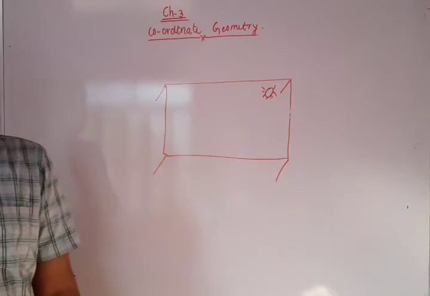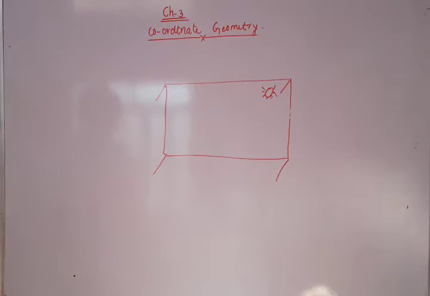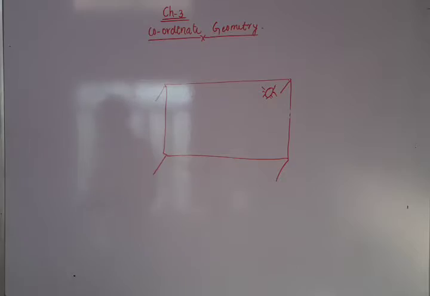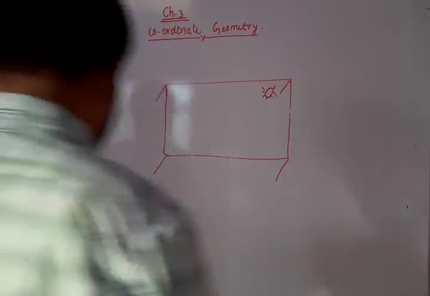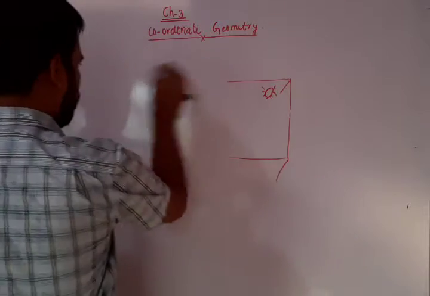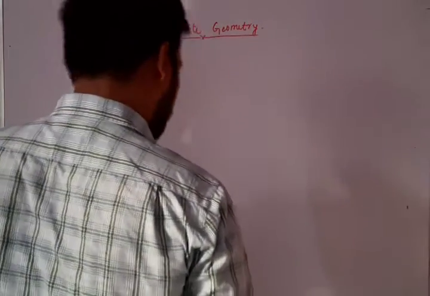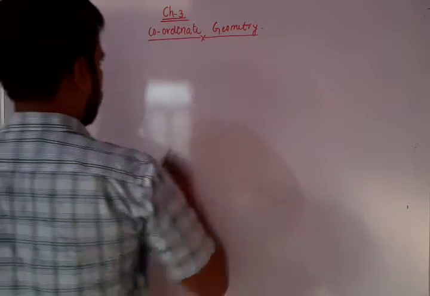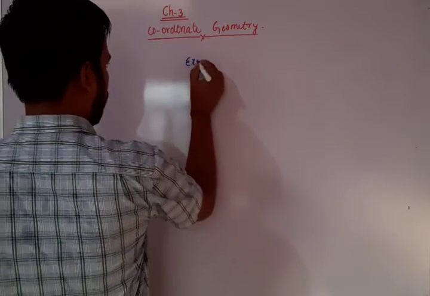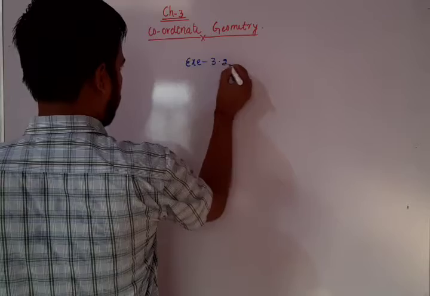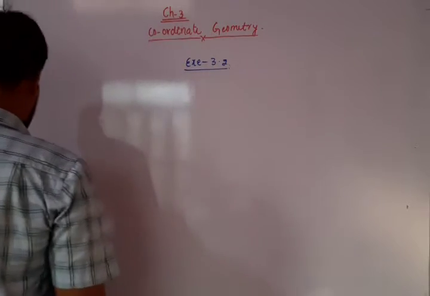What is given in 3.2? Now coming to exercise 3.2, see question number first.